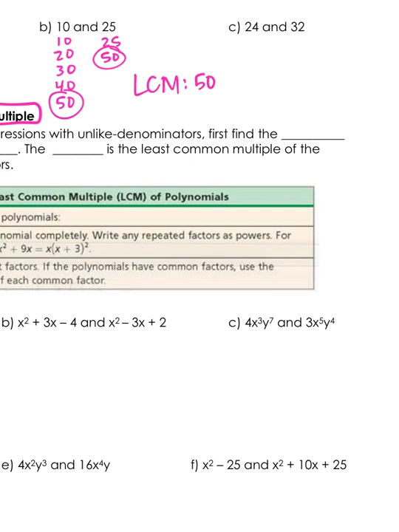All right, for 24 and 32, I've got 24, 48, 72, 96, so there's 4. And then 32, let's see, 32, 64, 96, and there is our common multiple, 96.